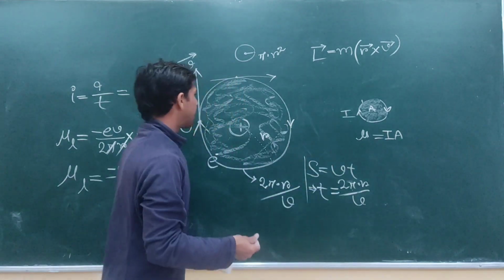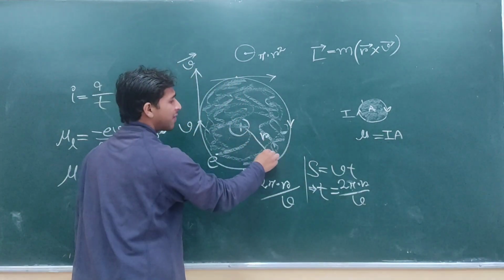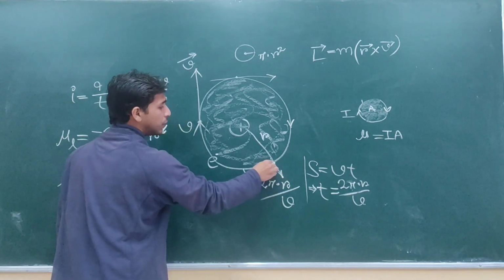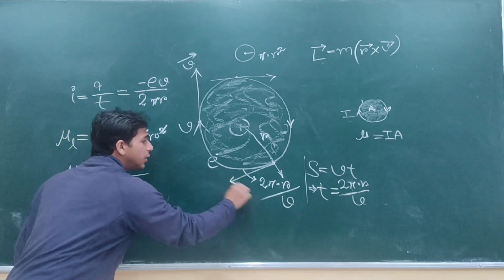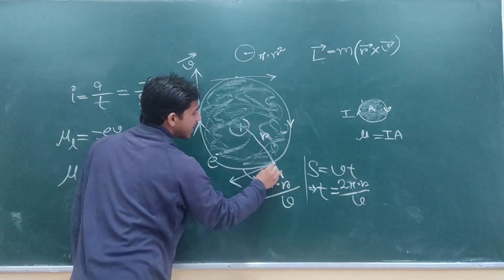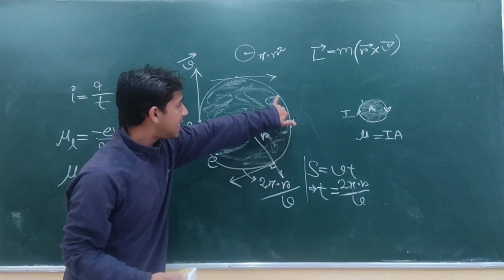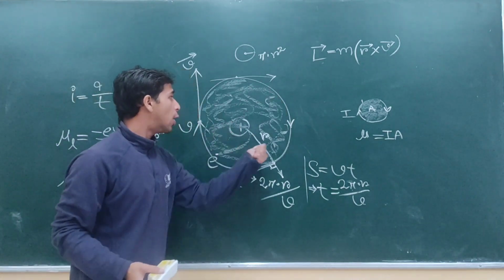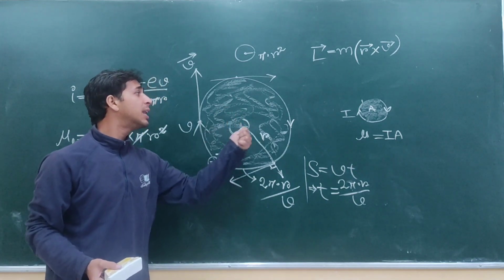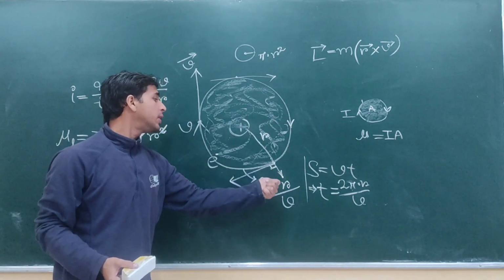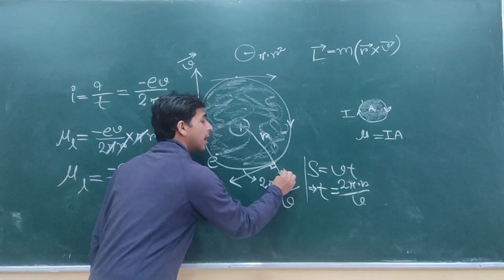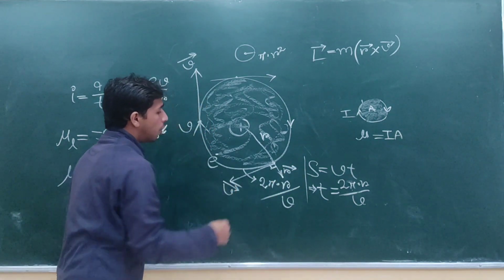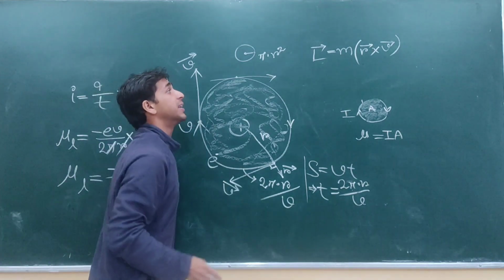As in this case, this one is the r vector, and at this point the velocity will be along this direction. You can clearly see this is 90 degrees, and at every point of this circle, the angle between the r vector and v vector will always equal 90 degrees.